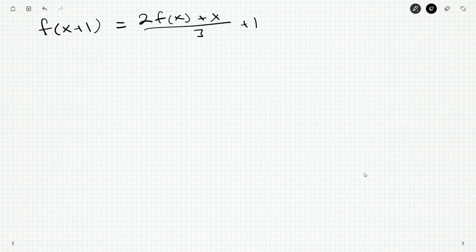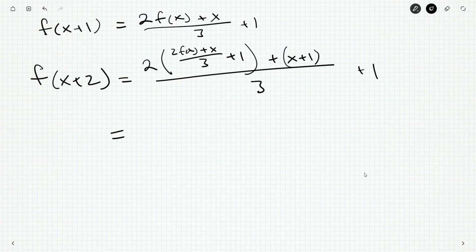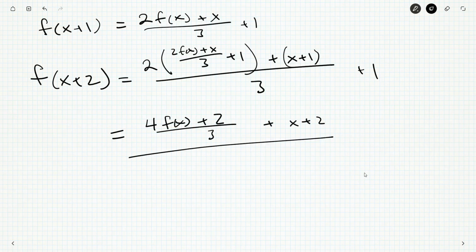How about I look at the formula for f of x plus 2? So that'll be 2f of x plus 1, but that's 2f of x plus x over 3 plus 1 plus, and now it'll be x plus 1 all over 3 plus 1. So what does this simplify to? 4f of x plus 2x over 3 plus x plus 1 over 3 plus 1.